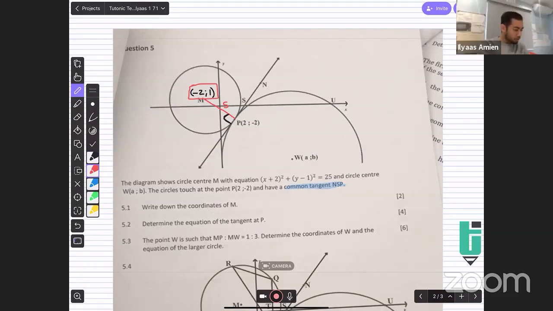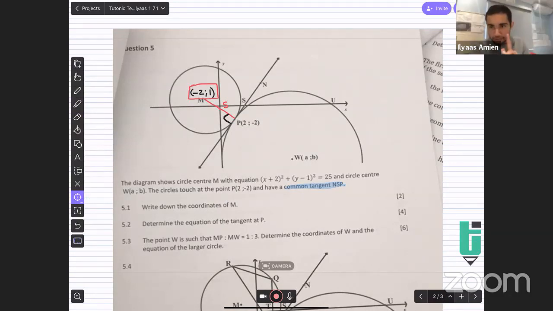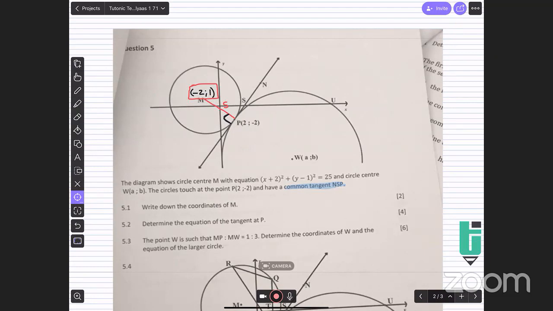They want the equation of the tangent, so why are you doing this? Because if we get the gradient of MP, MP is not the tangent, sorry.